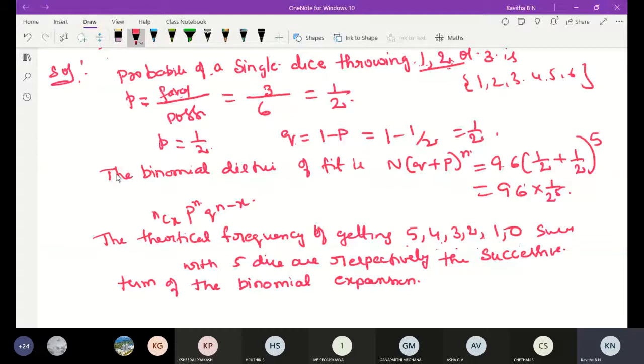Next term, 96 into 5C4 into 1 by 2 to the power of 5. Next is 96 into 5C5 into 1 by 2 to the power of 5. Okay, use the calculator, simplify, you will get it.